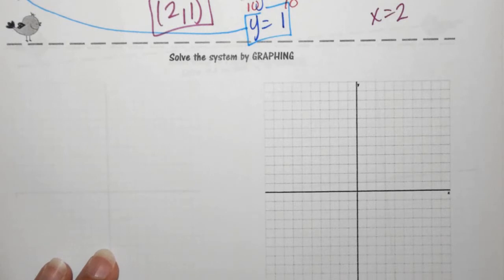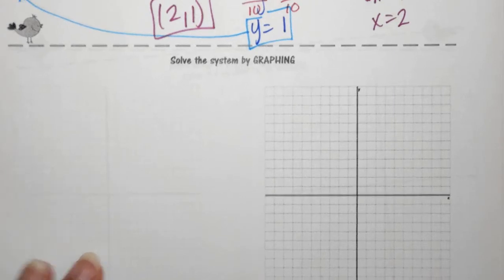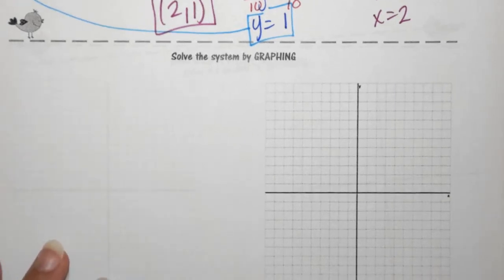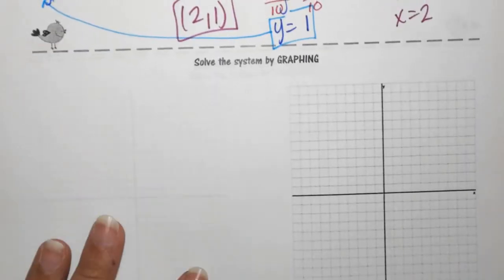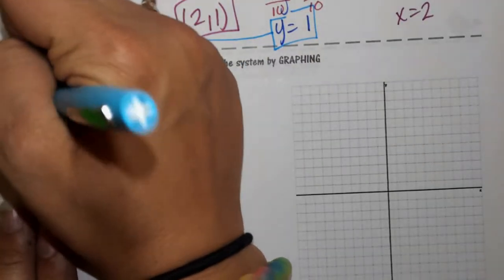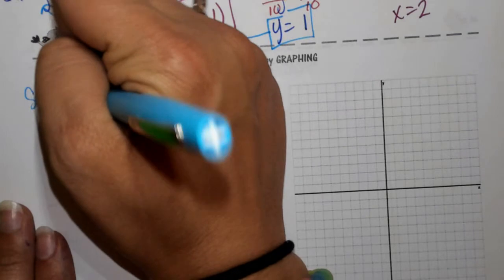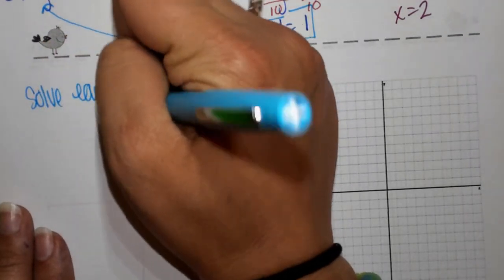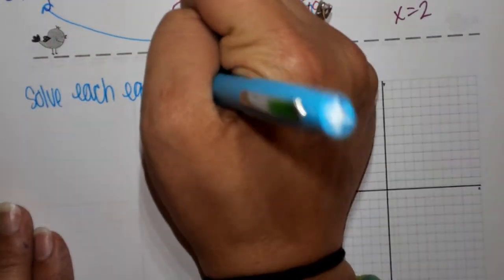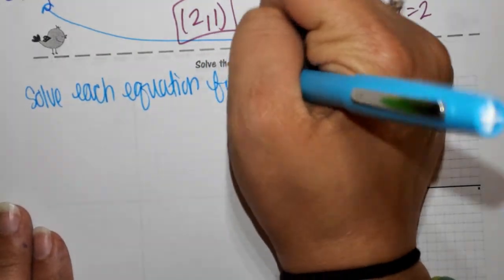Step 1, what does it say? Solve each equation for y. They both must be in slope-intercept form. So let's write that. Solve each equation for y.